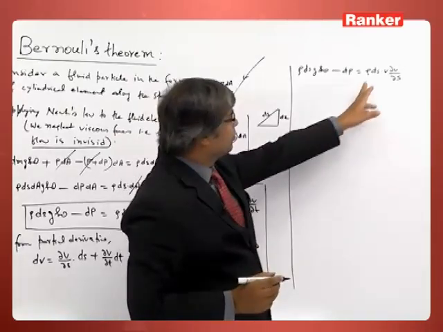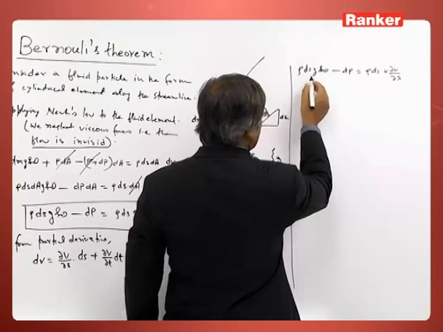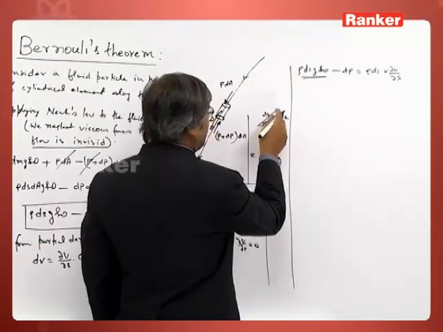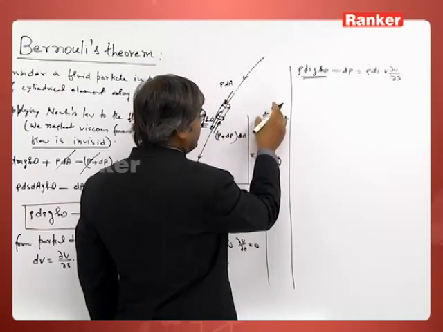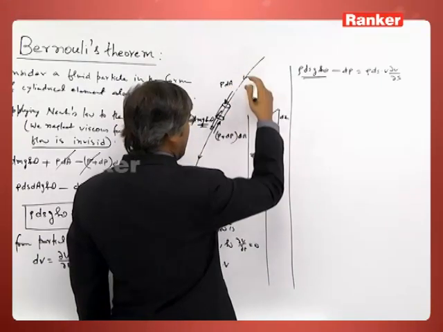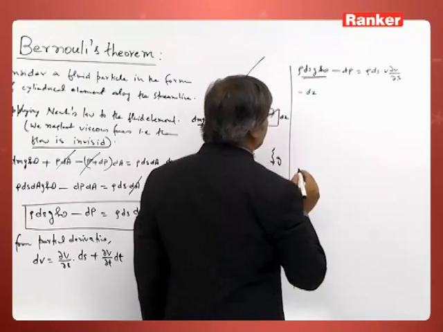Now this term can be further simplified. I have this angle as theta, so ds sin theta is dz. Since z is measured upward and the particle is coming down, I will write minus dz.